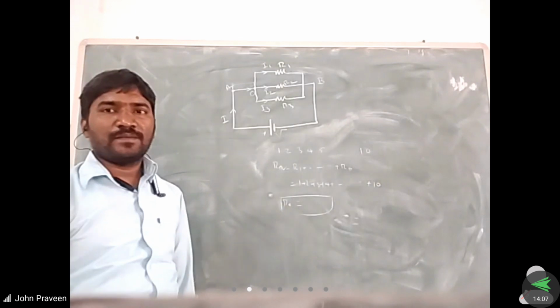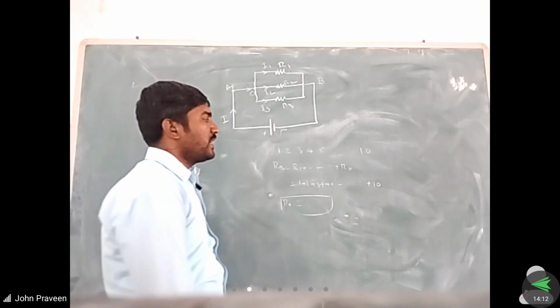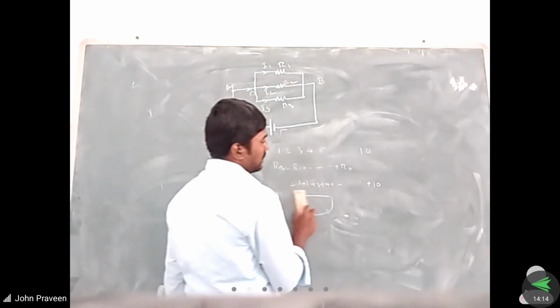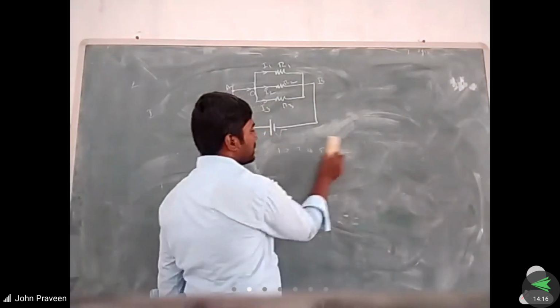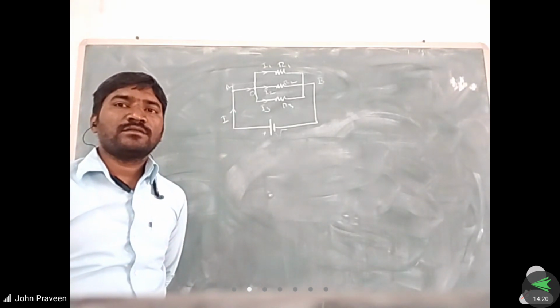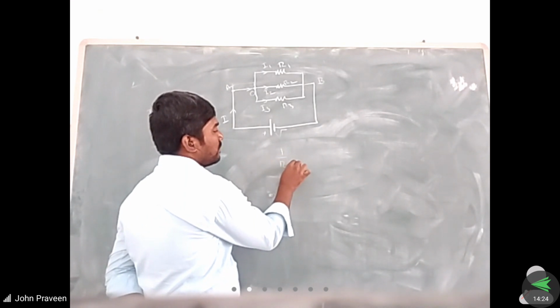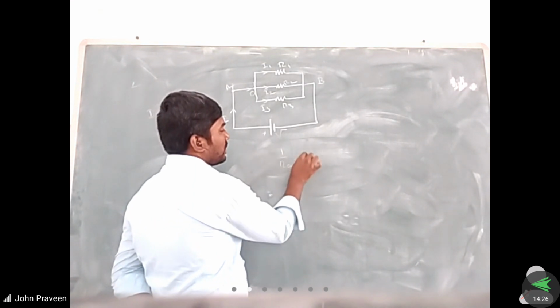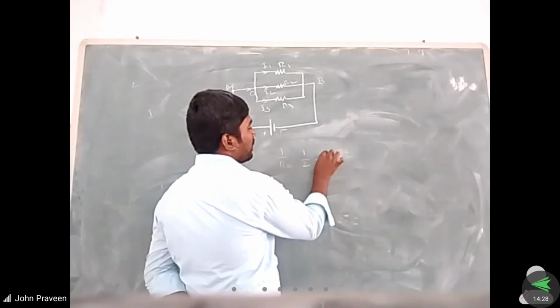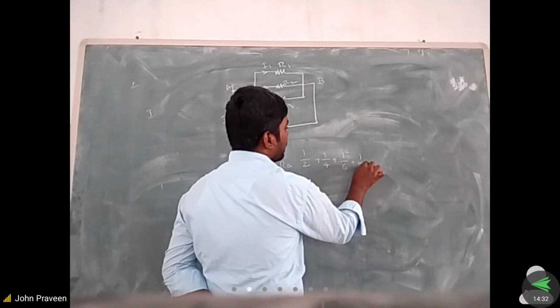That is very easy. But in case of parallel connection, it is very complicated to determine the equivalent resistance if there are more than 3 resistors. For example, let us find R equivalent for 4 resistors: 1 by 2 plus 1 by 4, 1 by 6, 1 by 8.